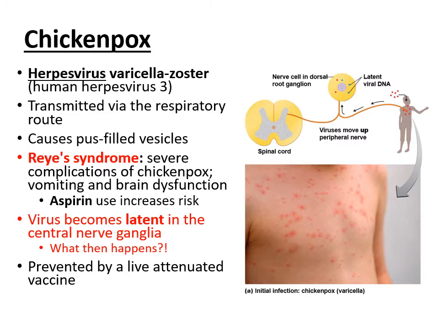Now I want you to think of when would this be most likely to happen? When would latent infections tend to reactivate? The two big examples are one, when you are under a lot of stress, and two, when you are immunocompromised. Okay, so those are the two times that latent infections tend to pop back up.